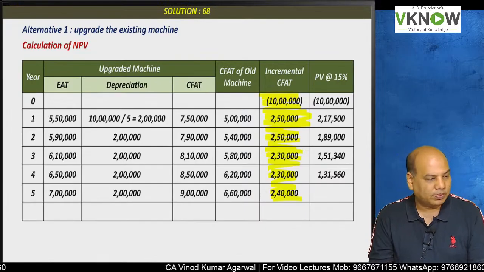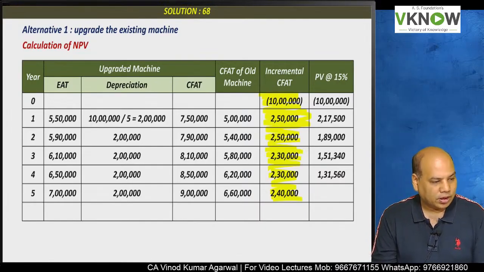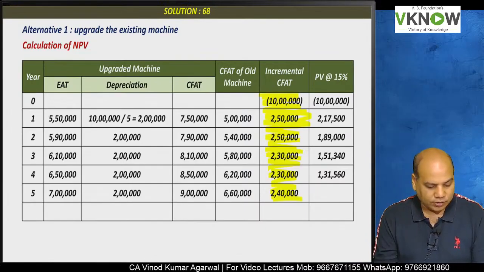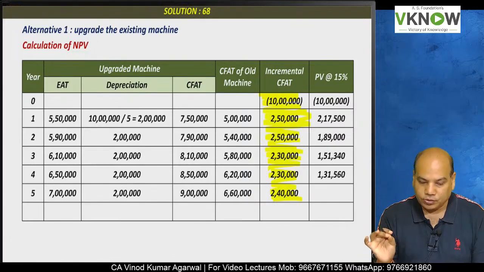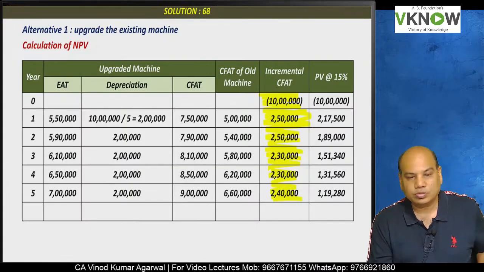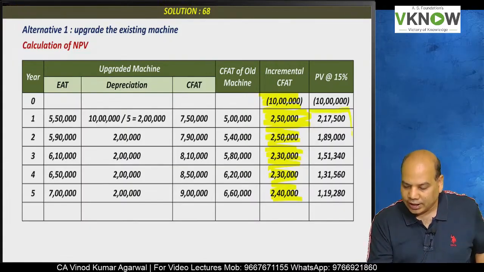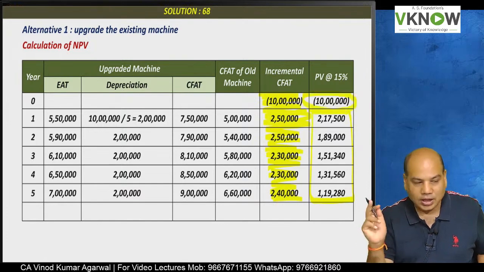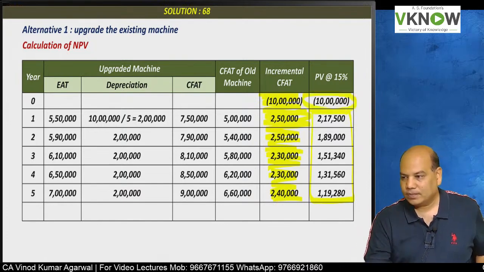I hope you are using the memory plus function also. And the last one, 2,40,000 into 0.497 equals 1,19,280. First add these numbers, minus 10 lakh, answer NPV.